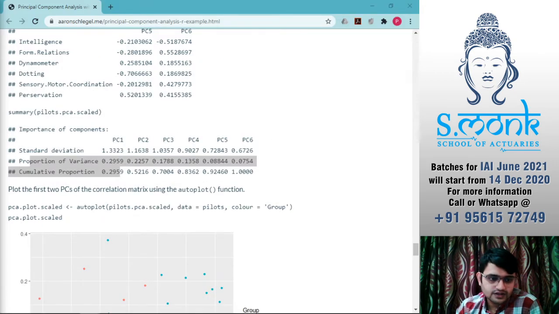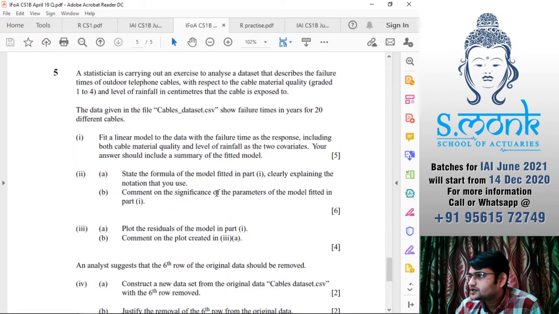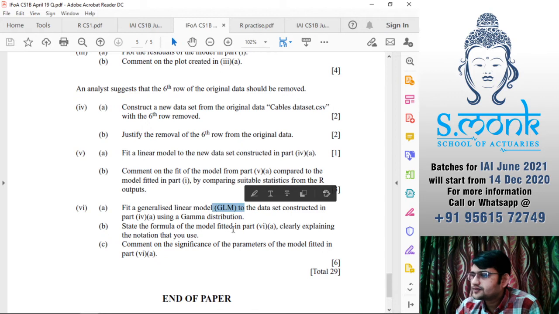Let's see the question on GLM. Do we have GLM here? We had linear model, and then we had GLM as well.